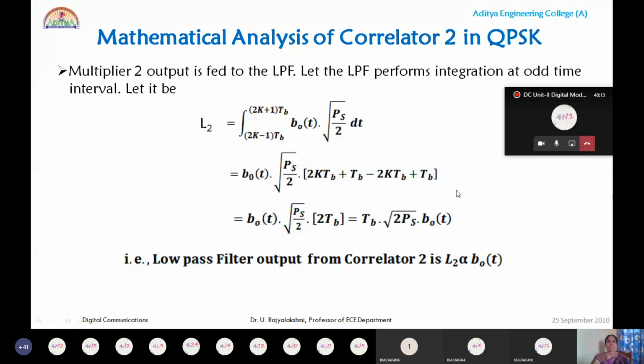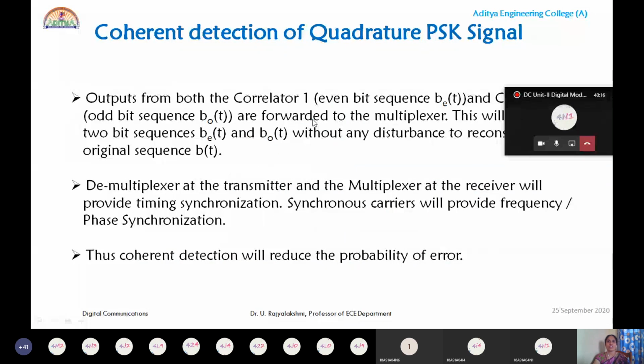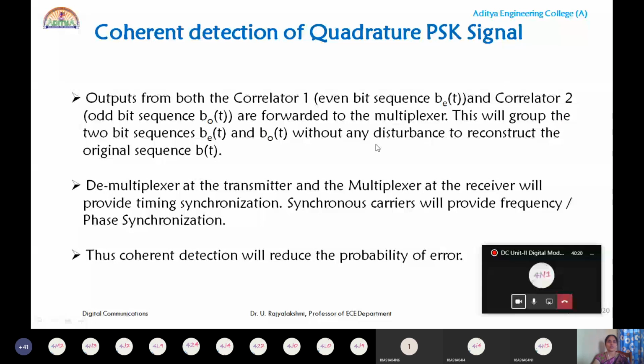Now correlator 1 gives you B of t because it is proportional to B of t, and correlator 2 is proportional to B naught of t.